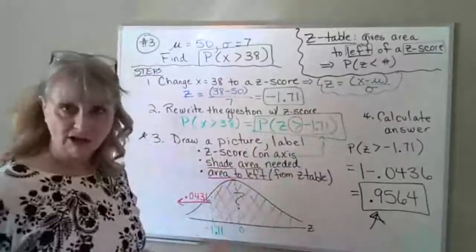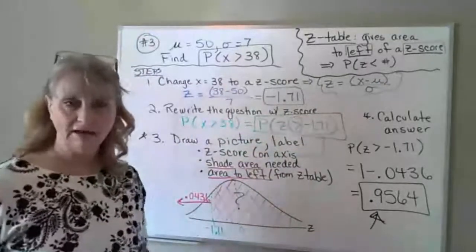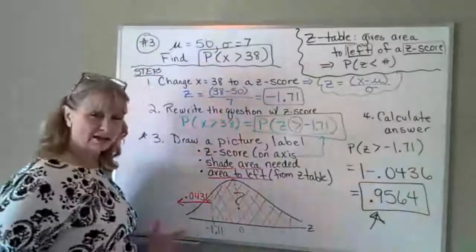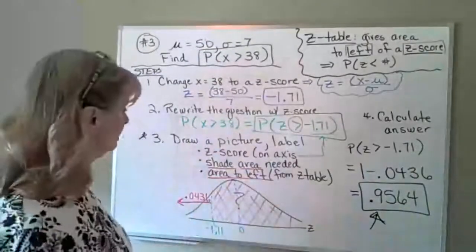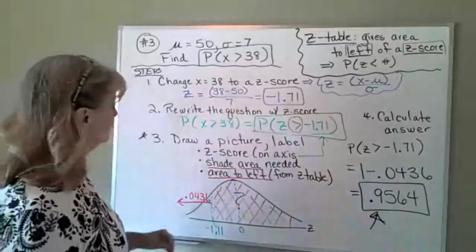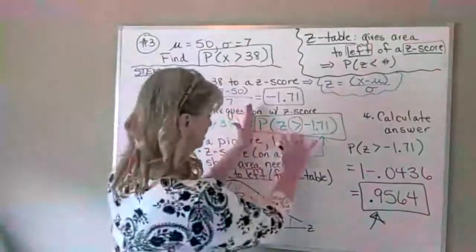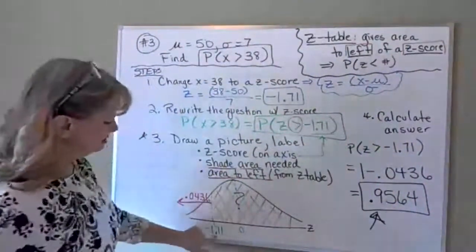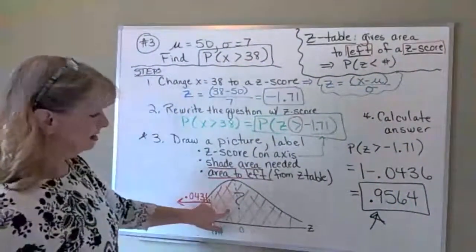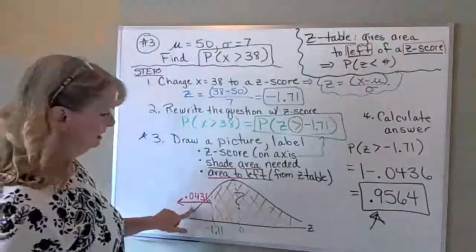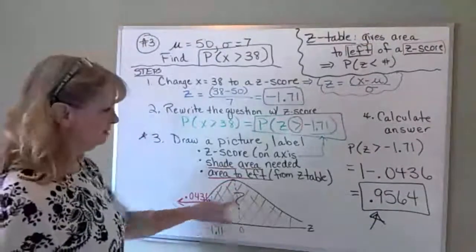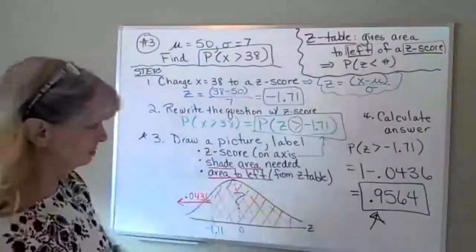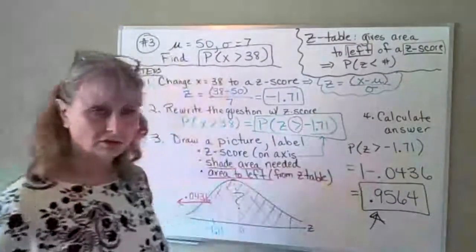Less than means you're looking for the area to the left, and greater than means you want the area to the right. And then we're also going to practice on an in-between problem in just a minute. So in 5.1, you're basically starting from here, but you should still draw a picture showing the Z-score, shade the area you're looking for, label the area to the left that you get from the Z table, and then use your picture to calculate your answer.